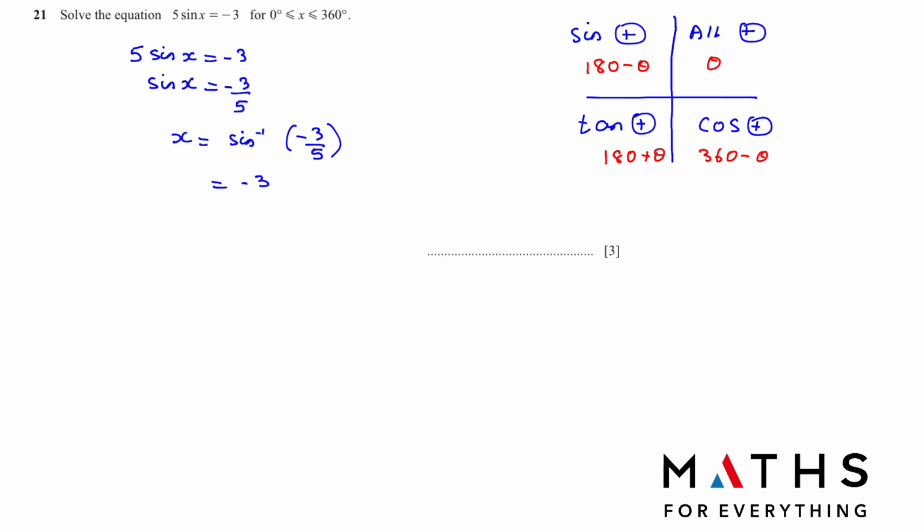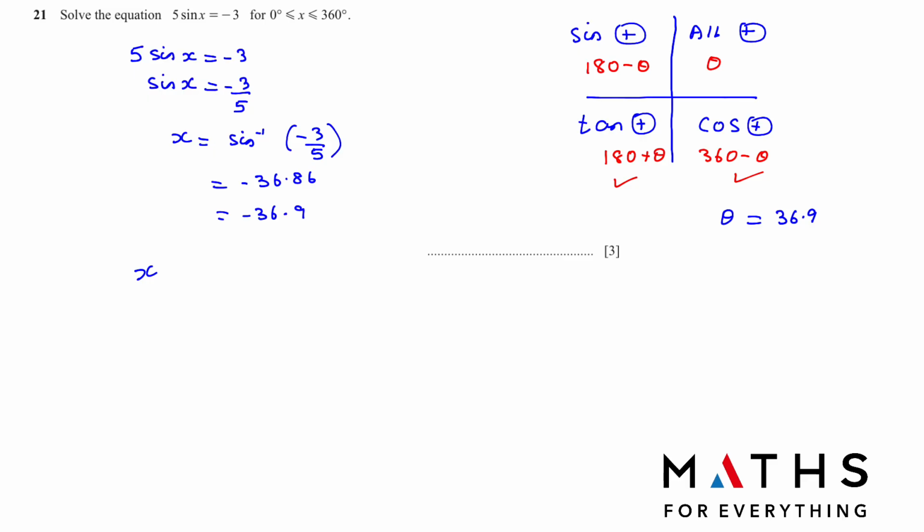We got negative 36.86. We round it to 36.9. Now this is a negative. Where is sine negative? It is negative in this quadrant and this quadrant. Remember, we don't take the theta as negative. So theta we are going to write as 36.9.